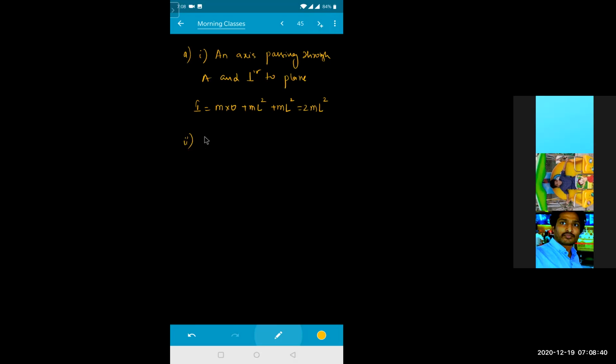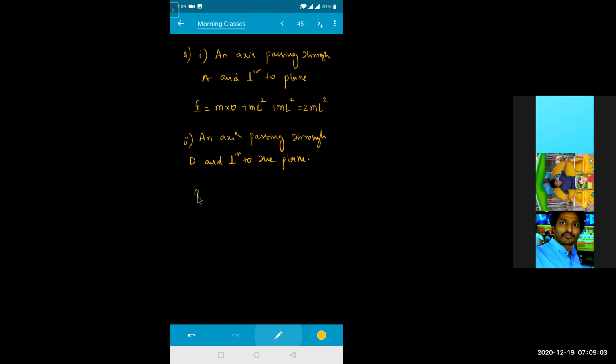That means an axis passing through capital D and perpendicular to the plane.